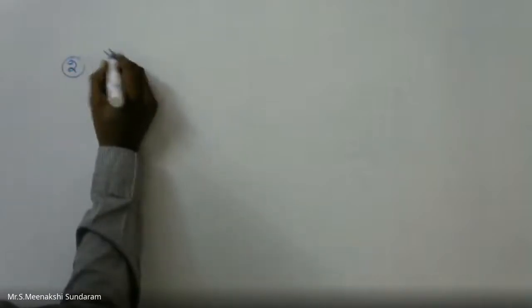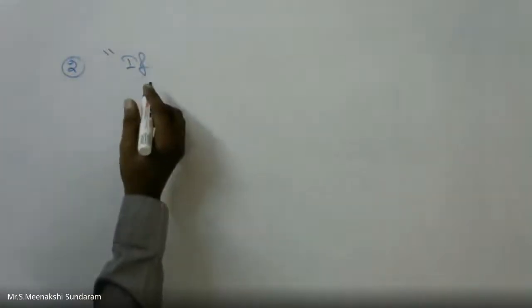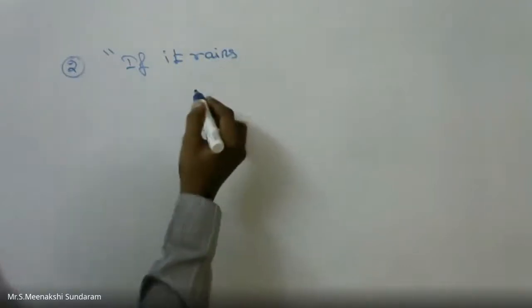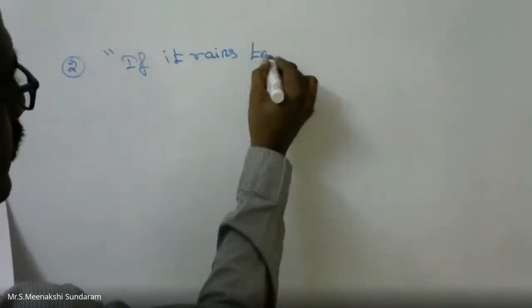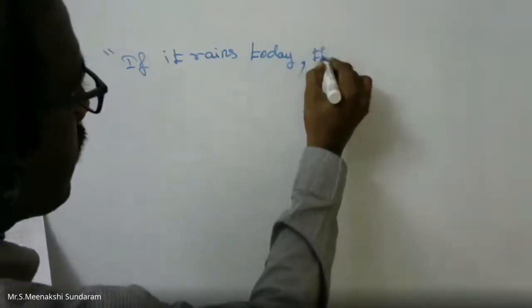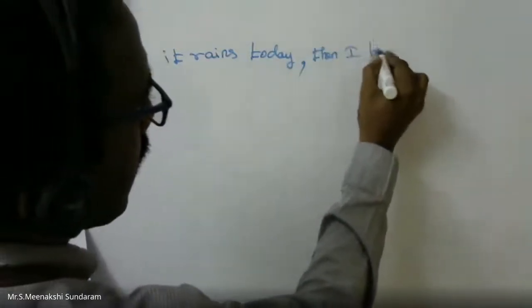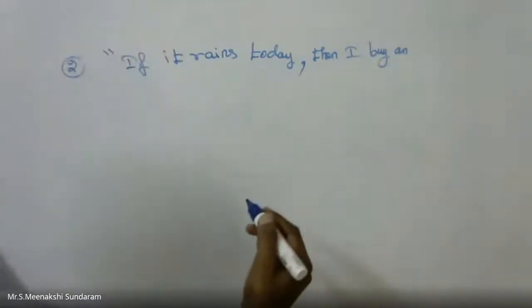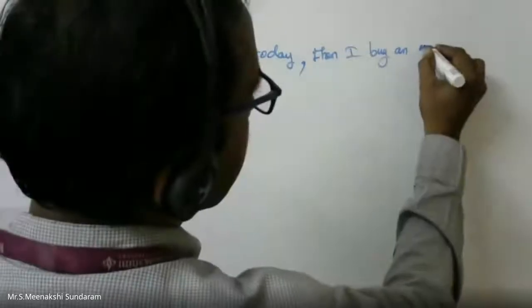Write the symbolic representation of the second problem: if it rains today, then I buy an umbrella.